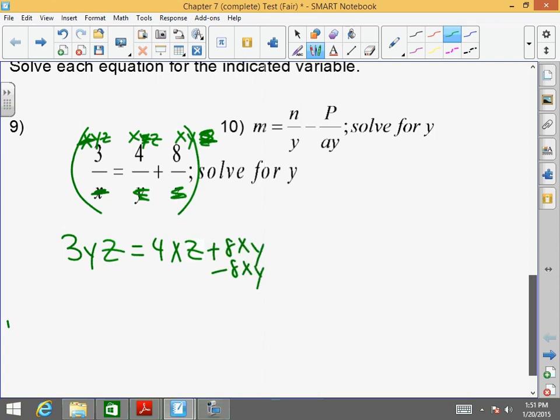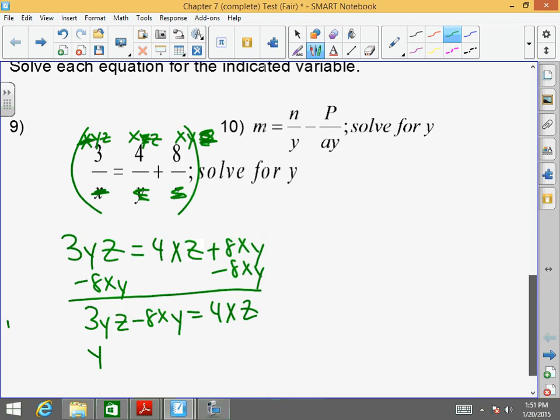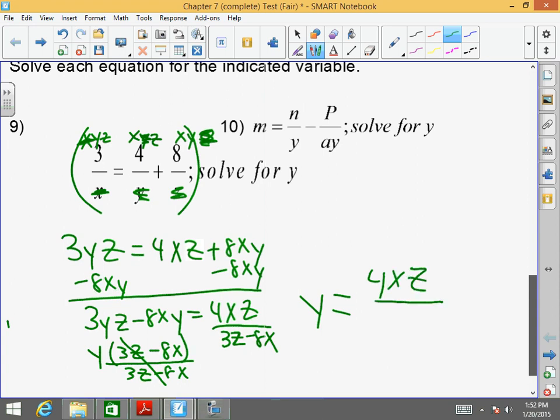Subtract 8xy to both sides, because I want to get the y's together. 3yz minus 8xy equals 4xz. Factor out a y. I've got 3z minus 8x, divided by 3z minus 8x. Y equals 4xz over 3z minus 8x.